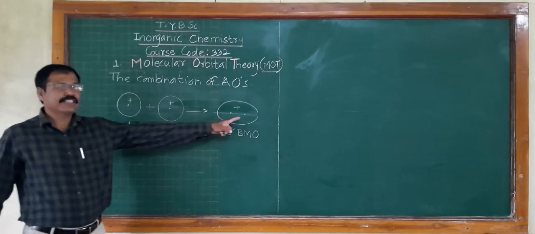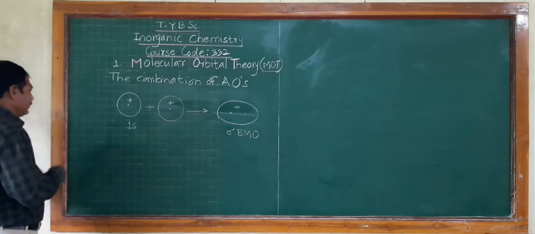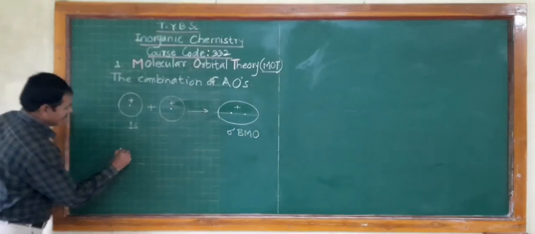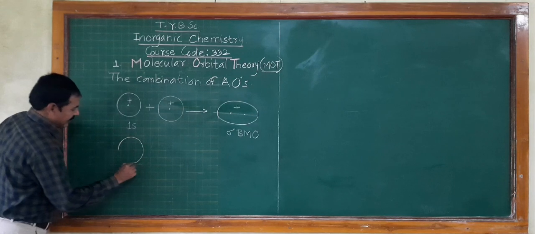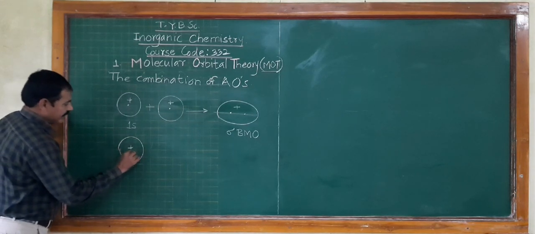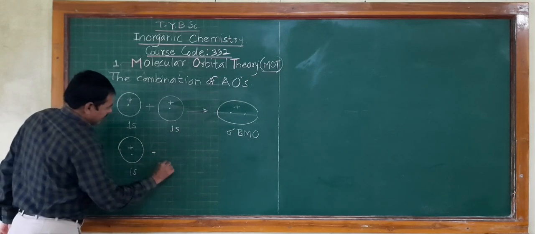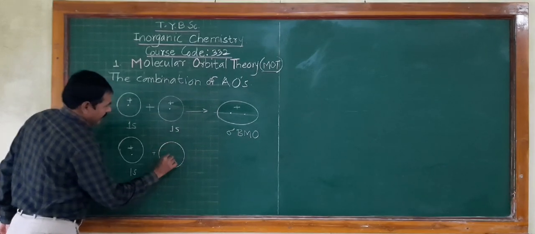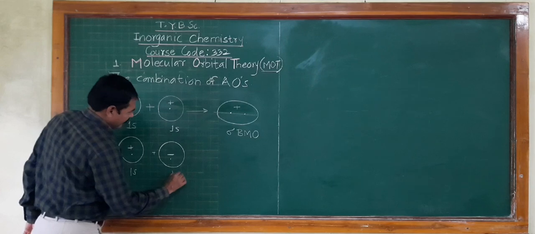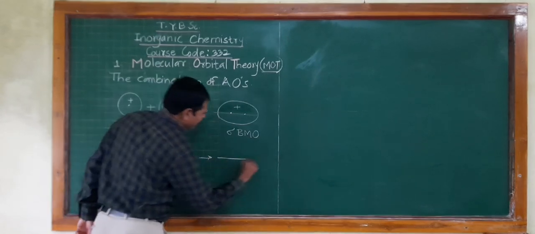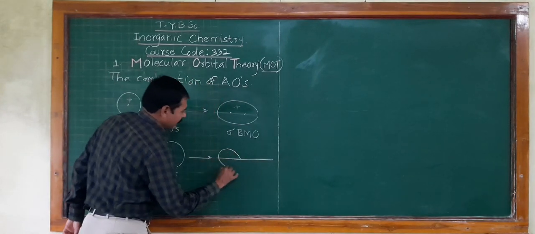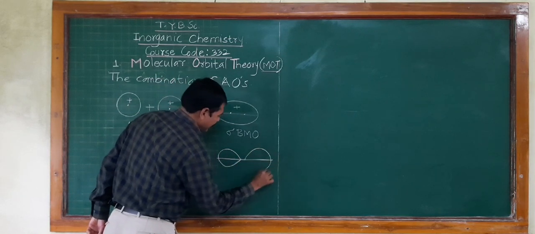Now the second example: the positive sign of a 1s orbital and the negative sign of another, which results in the formation of a node like this.